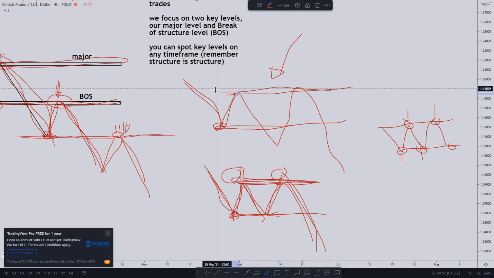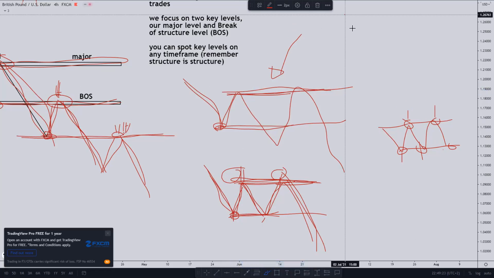So this area here will stay valid until we get a lower high. Sorry, I'm confusing myself now. So this area will stay valid, right? If we get a lower high, then this is no longer valid.